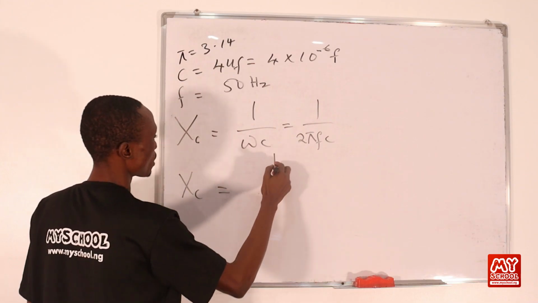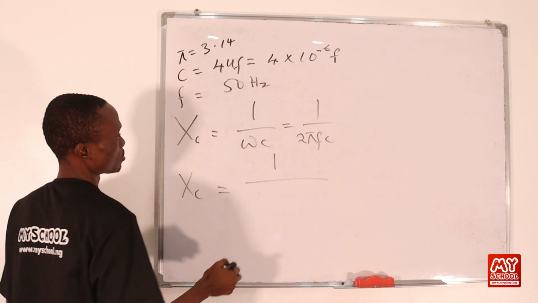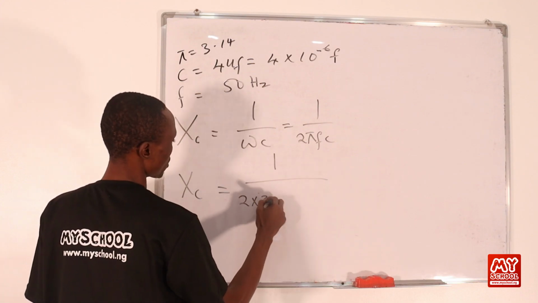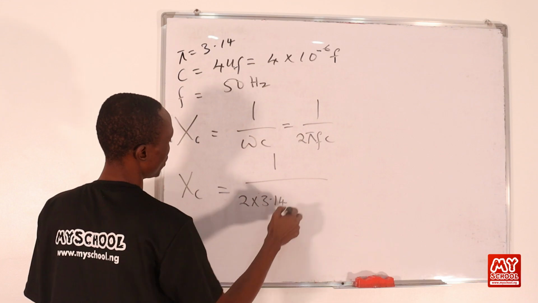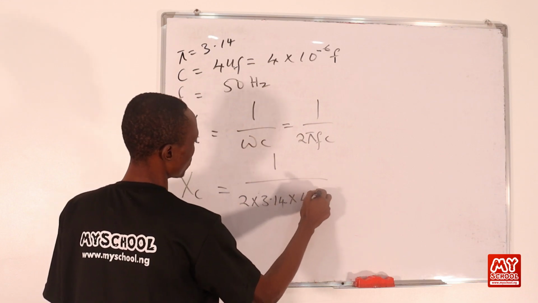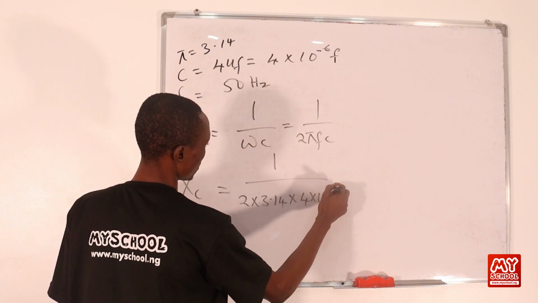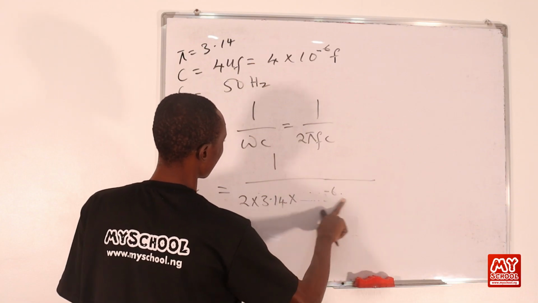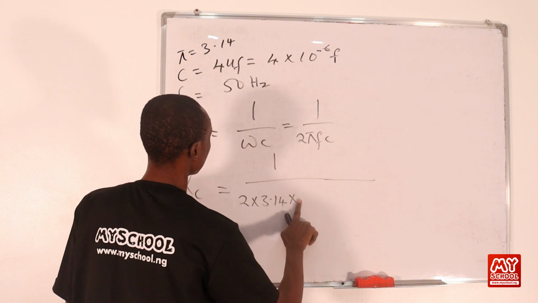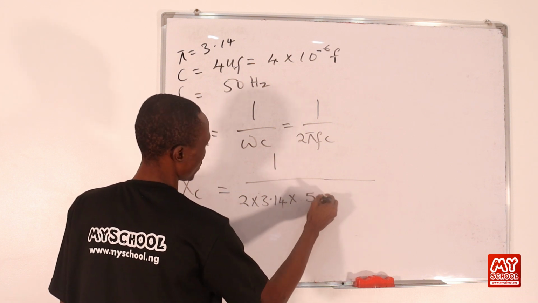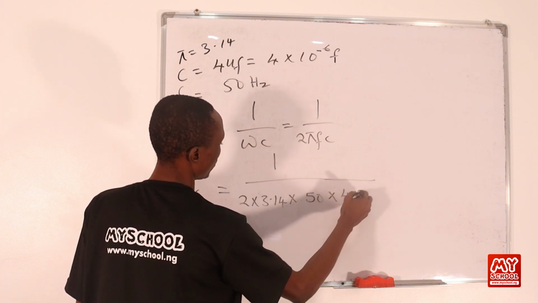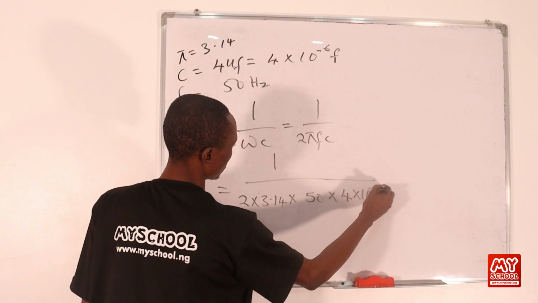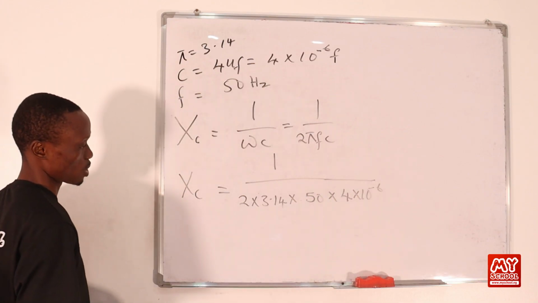So you'll be having 1 all over 2 times 3.14, then times the value of frequency, which is 50, then times 4 times 10 raised to the power minus 6. Okay, so this is what we have.